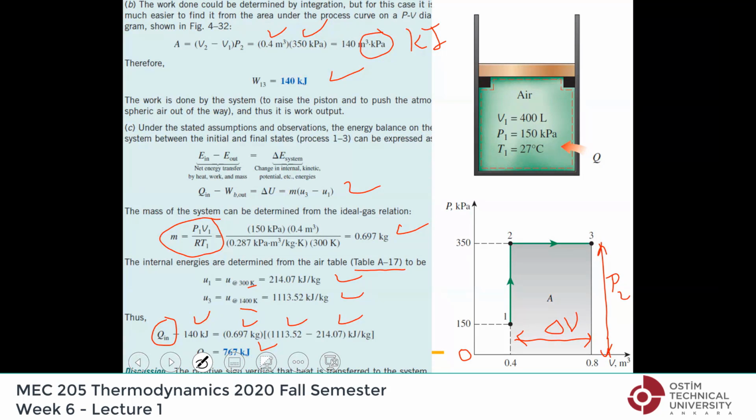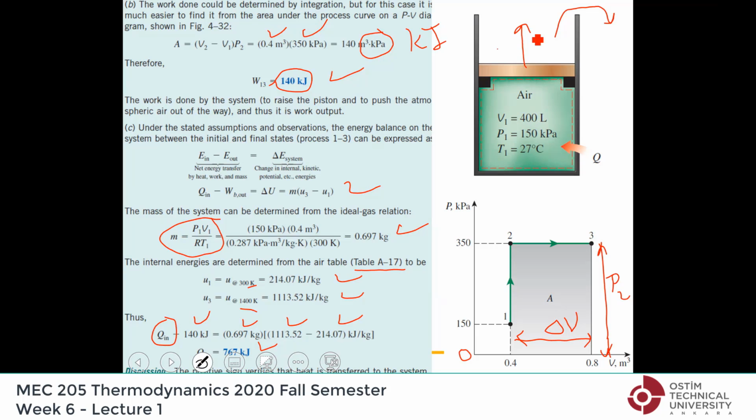Now the total work done by the air is 140 kilojoules, right? Yes. Now this work is used to push the atmosphere out and to raise the piston. It is a heavy piston, right? Yes, of course. How would you calculate the work done against the atmosphere?